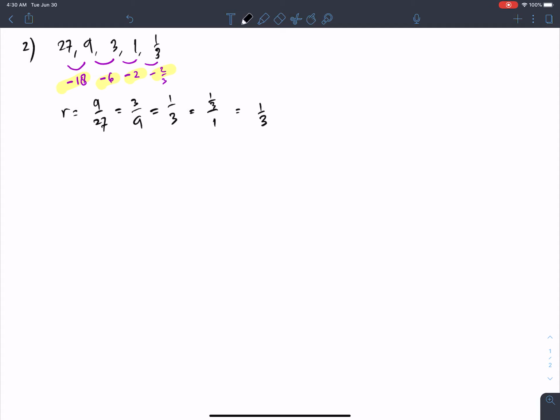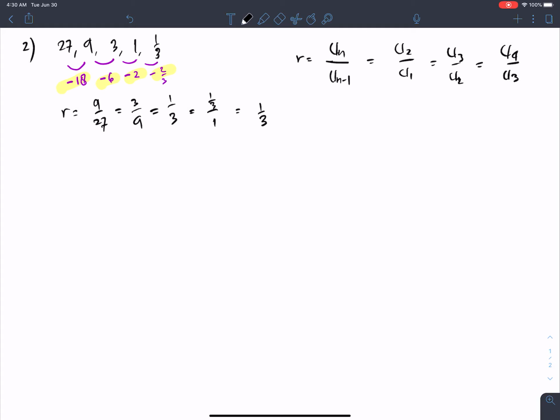And the ratio again is un over un minus 1. So after divided by before, like u2 over u1, u3 over u2, and u4 over u3.